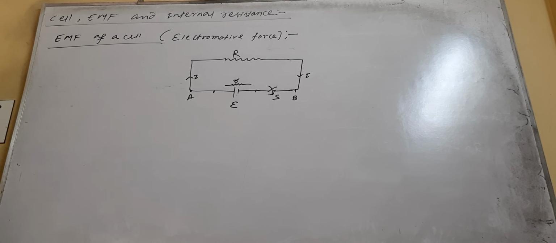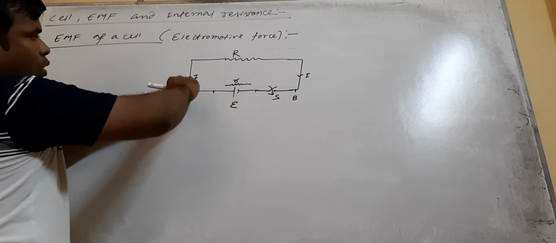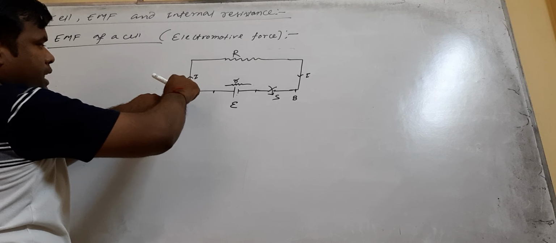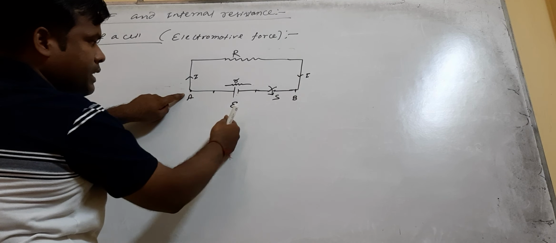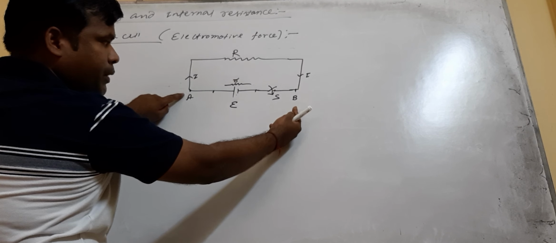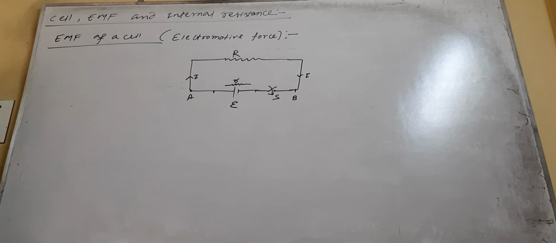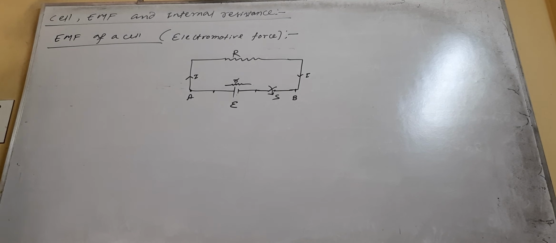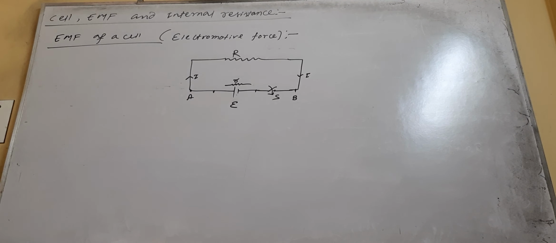So what is EMF? That is work done by this cell in moving a unit positive charge from A to B, plus work done by the cell in moving the unit positive charge from B to A. The total work done by the cell in moving a unit positive charge once around the complete circuit is called EMF.